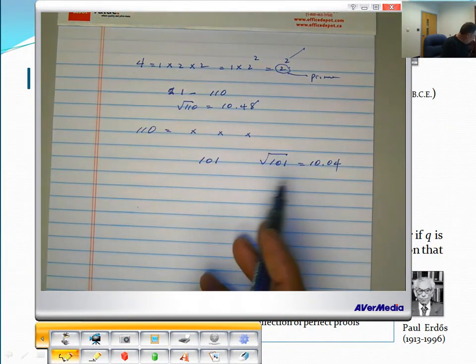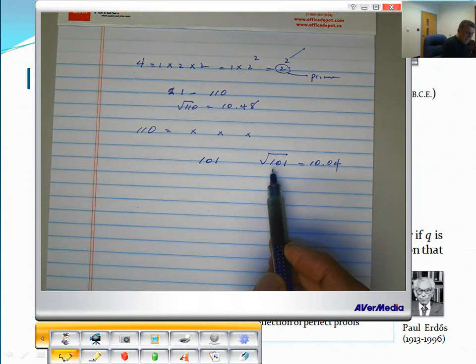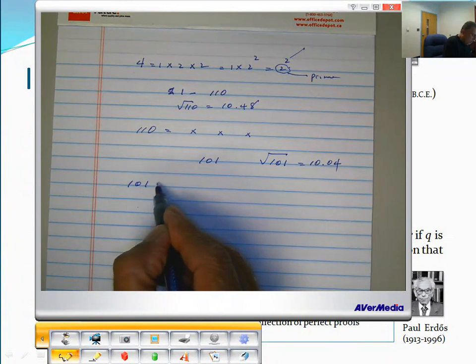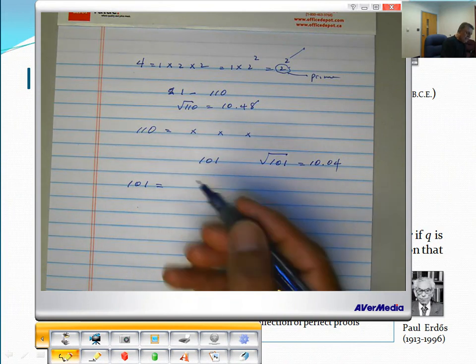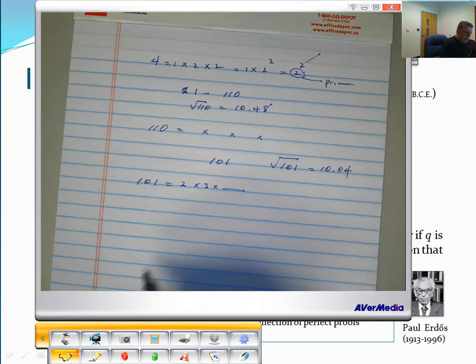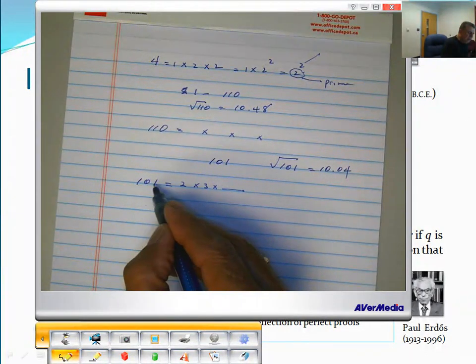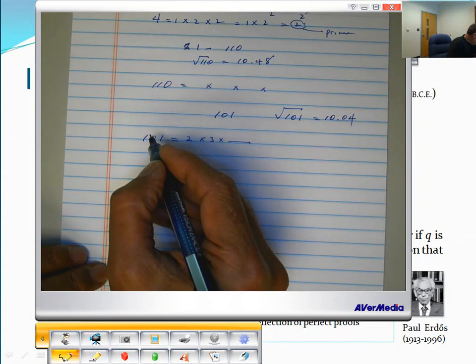All right, so the prime divisors have to be less than 10, so 101 would have to be equal to a product of primes like 2 times, 3 times, and so on, and we calculate all the prime numbers that come to equal 101. And that is the answer.